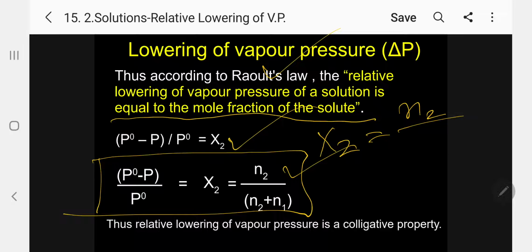So this relative lowering of vapor pressure is nothing but a colligative property. It depends on the number of particles of solute. What is a colligative property? Any property which depends only on the number of solute molecules but not on the nature is called a colligative property. So relative lowering of pressure is a colligative property.